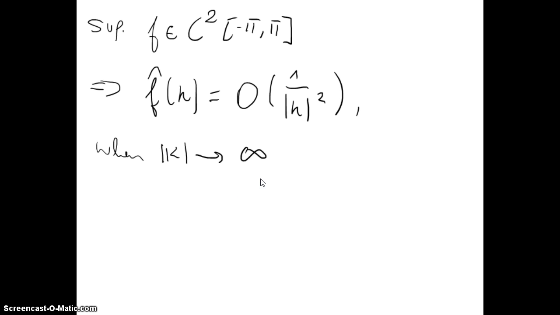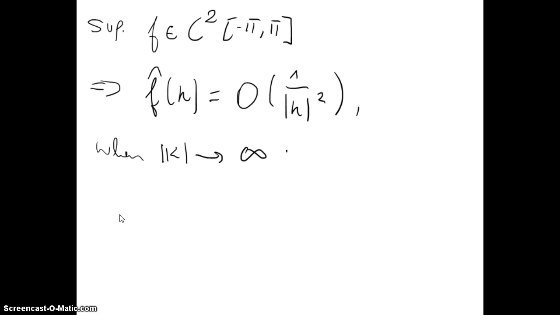Okay, so another conclusion that we can take from the first theorem is, suppose that f is two times continuously differentiable. Then its Fourier coefficients will go like 1 over the absolute value of k squared when the absolute value of k goes to infinity.